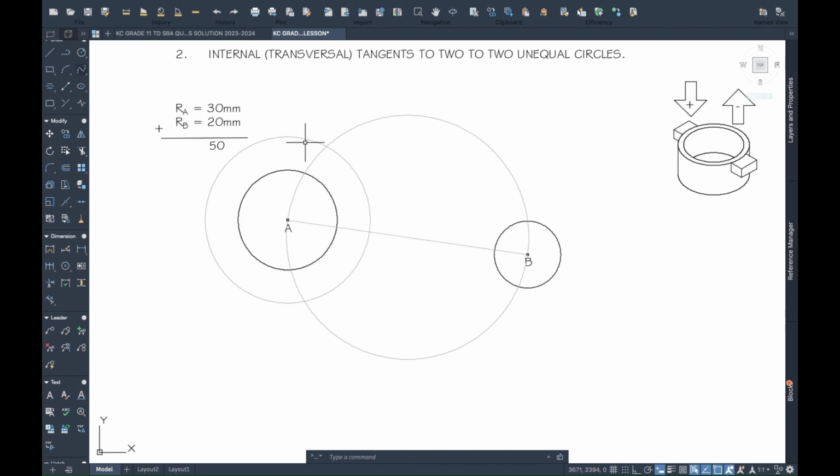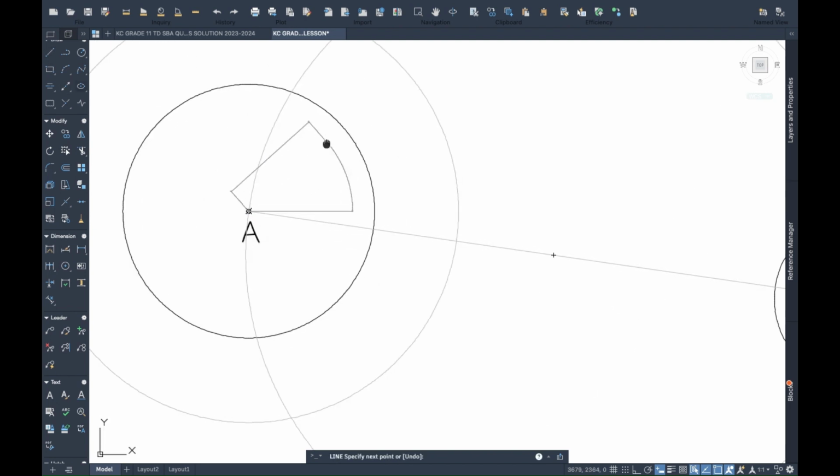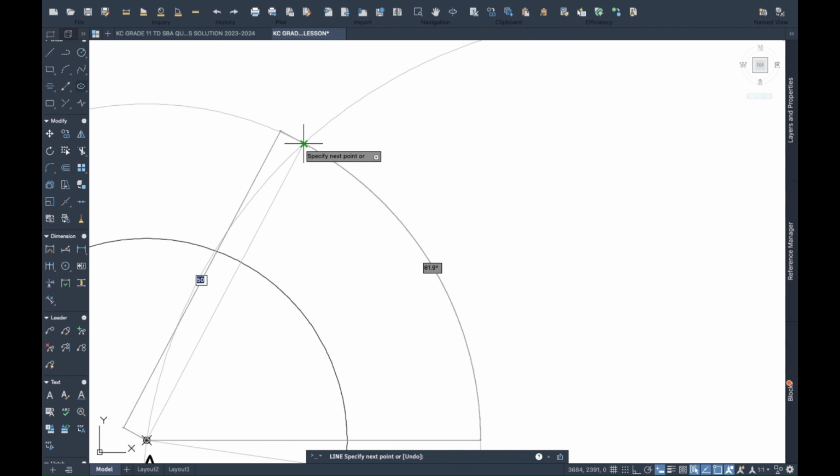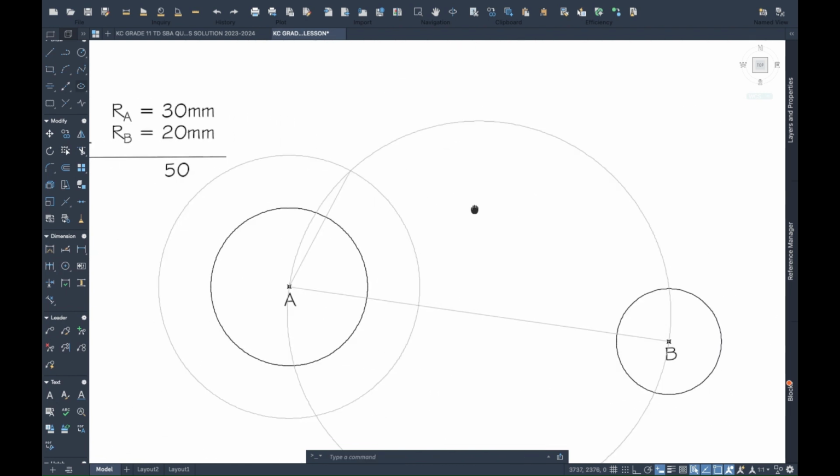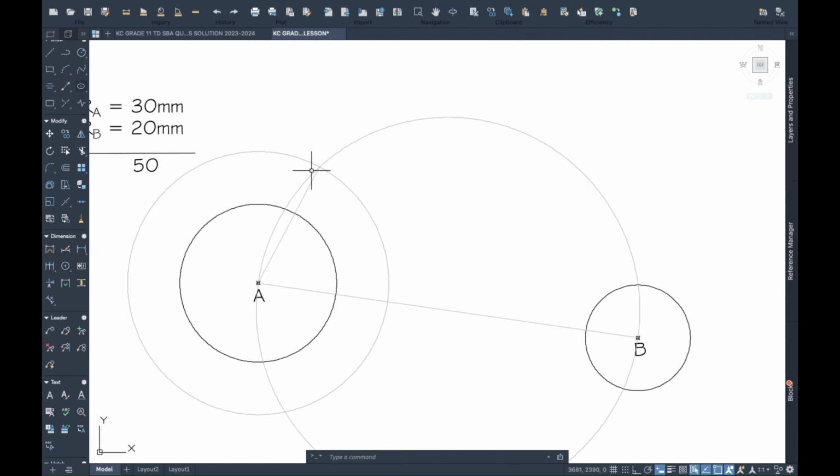Now anywhere this circle cuts this arc, it could be here and it could be down there, because as we said, we could have been constructing it down here as well. Anywhere the circle cuts that arc, we're going to draw a line from A to where it cuts the semicircle, which is this one we want.